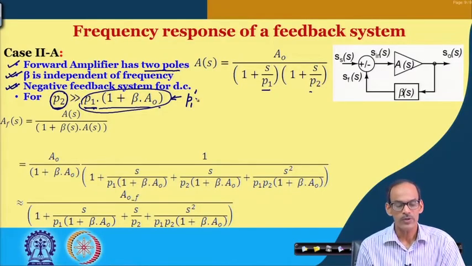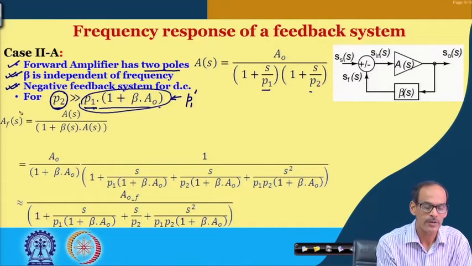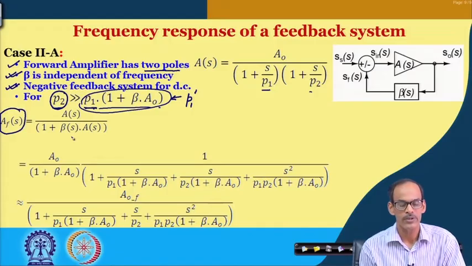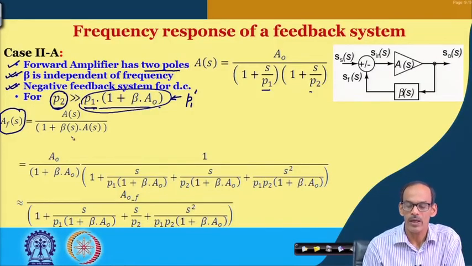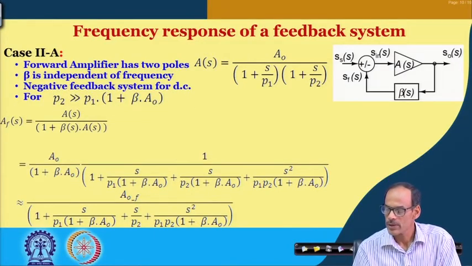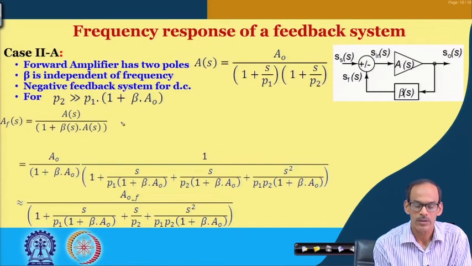Okay. To start with, again let me consider AF, and the expression of AF is A divided by 1 plus beta into A, and now we have A given here. So, let me put the expression of A here.